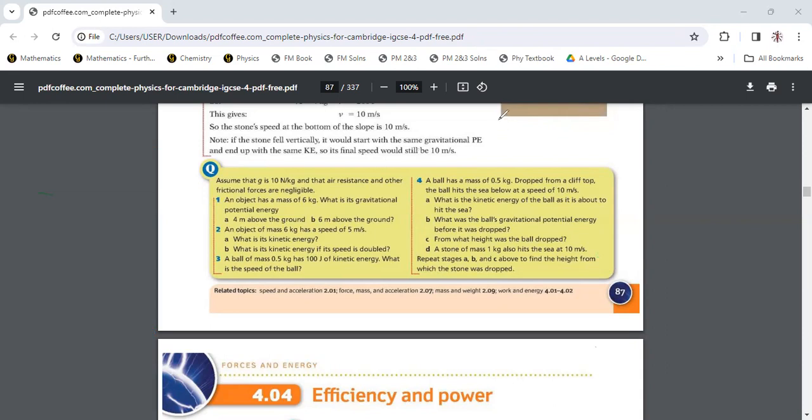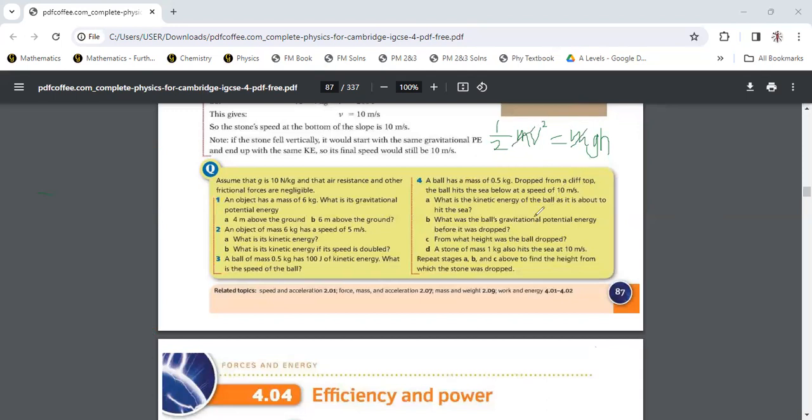Pardon me if my drawing skills are still pretty subpar. So 1 over 2 mv squared is equivalent to mgh. This is what we get for kinetic energy and potential energy conversion. Once we cross this out, we see that mass has nothing to do with the equation.